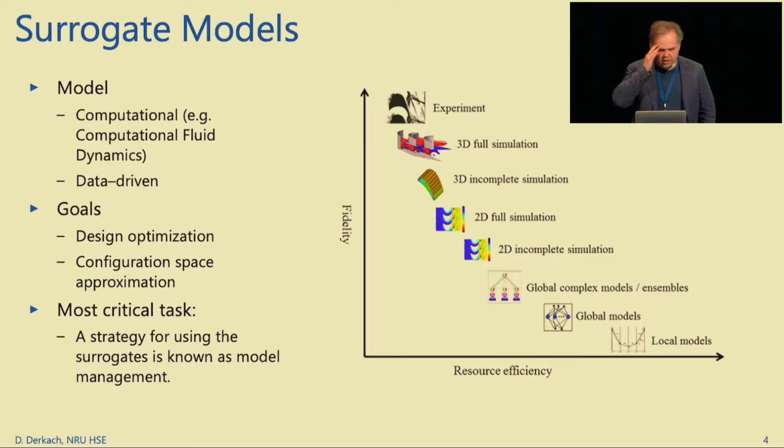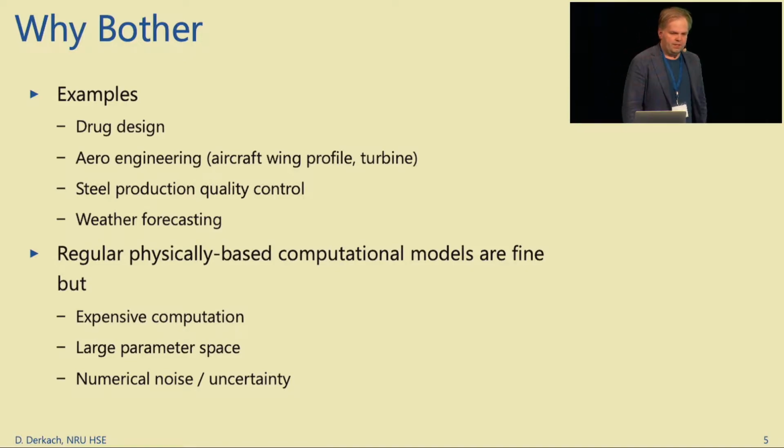So there are lots of places where we need this kind of approach. I mean, we have something like drug design, or aircraft engineering, or steel production, or weather forecasting. Everything there requires some kind of surrogate modeling. But the problem is that if we use a very complicated surrogate model, we normally have very expensive calculations.